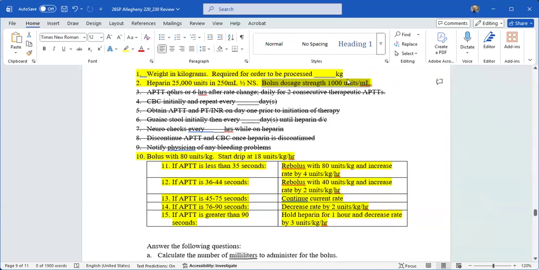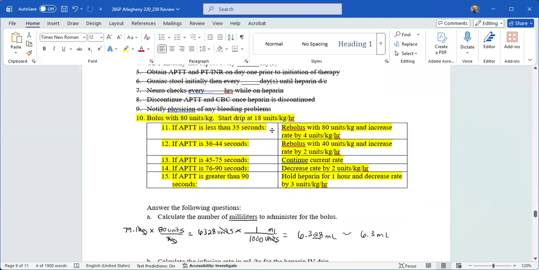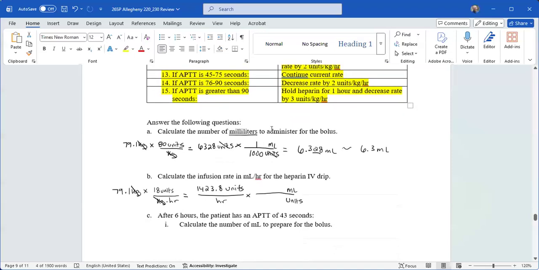So we only want to use the bolus dose for bolus information. We want to use our IV for any of our infusion questions. So the 25,000 units, 250 mL, that's what we want to use when we're calculating our infusion rate. So I'm going to put the 250 mL and the 25,000 units.